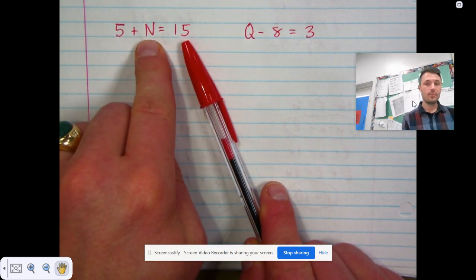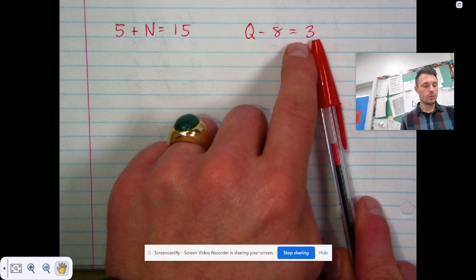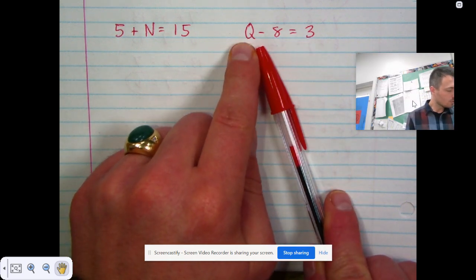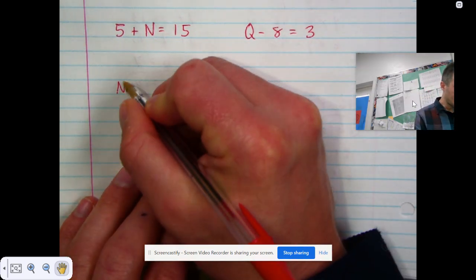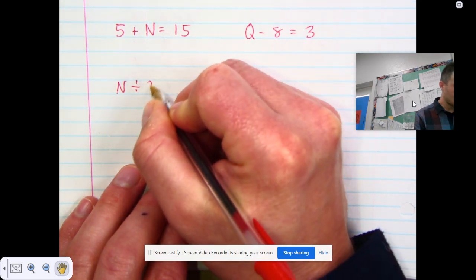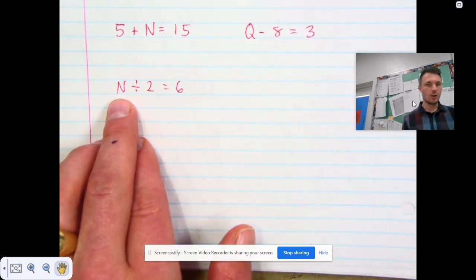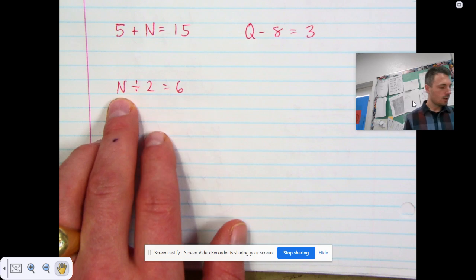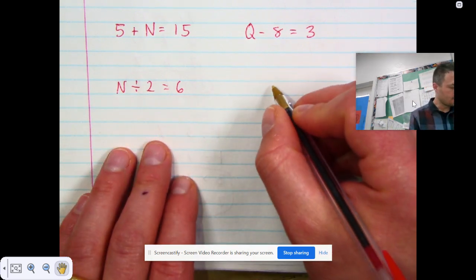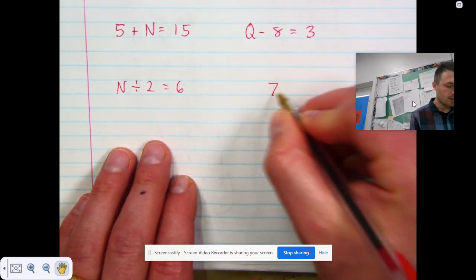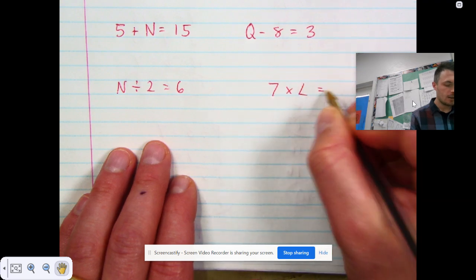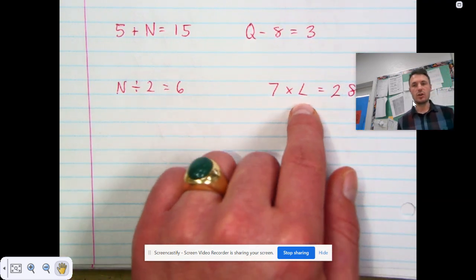Solve for n. q minus 8 equals 3. Solve for q. n divided by 2 equals 6. Solve for n here. And 7 times L equals 28. Solve for L.